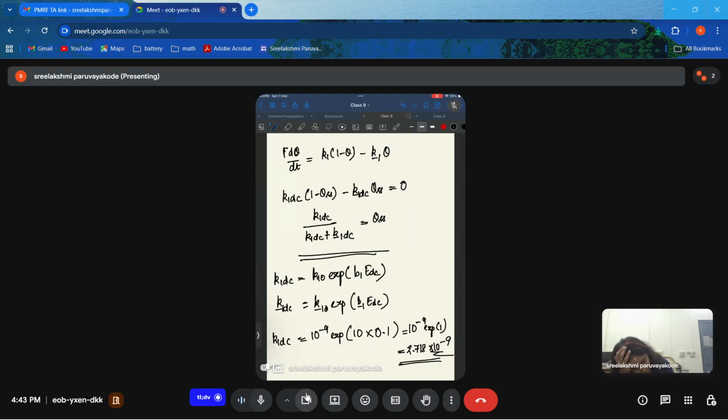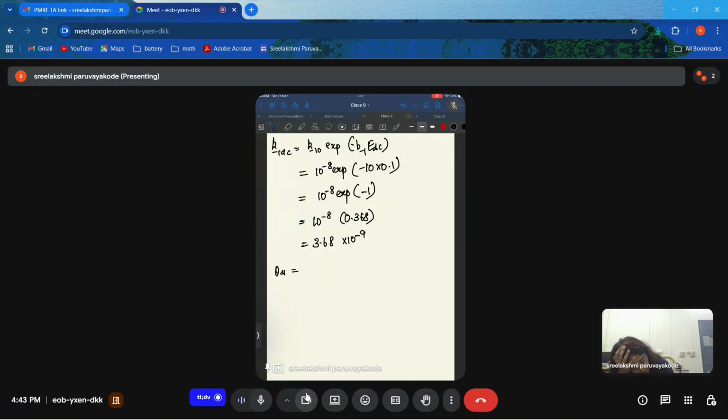Now, what is theta ss? Theta ss is equal to k1 dc by k1 dc plus k minus 1 dc. So it is 2.718 into 10 to the power minus 9 by 2.718 into 10 to the power minus 9 plus 3.68 into 10 to the power minus 9. So you get 2.718 by 2.718 plus 3.68.